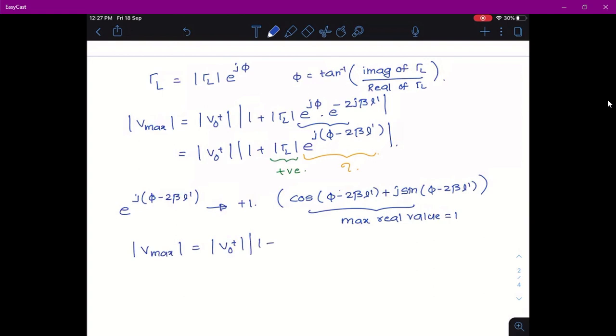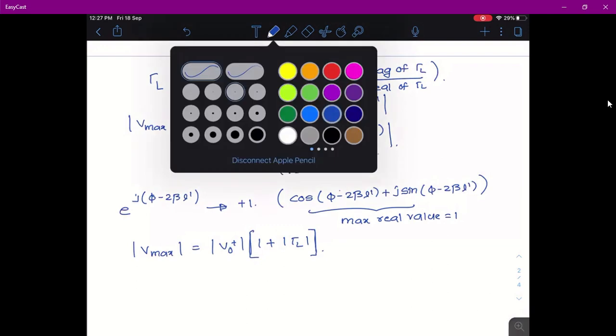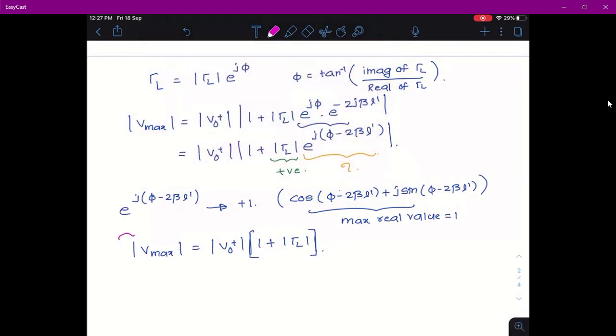into the magnitude of 1 plus mod tau_L. Okay. So, we can make this a bracket, because the terms inside are positive and real. The maximum value of the voltage at any point on the load is the product of the magnitude of V0 plus and 1 plus the magnitude of the reflection coefficient.